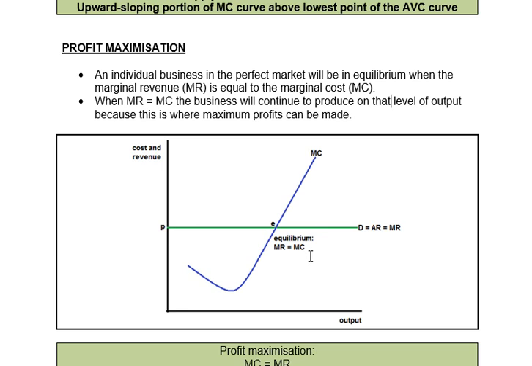And 90% of understanding your graphs later on in this chapter and for the rest of your life is being able to identify your profit maximization point. Always profits are maximized where marginal cost and marginal revenue are equal, there at point E.